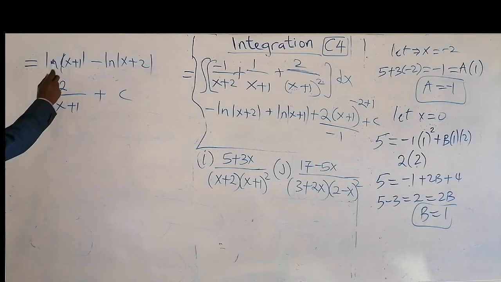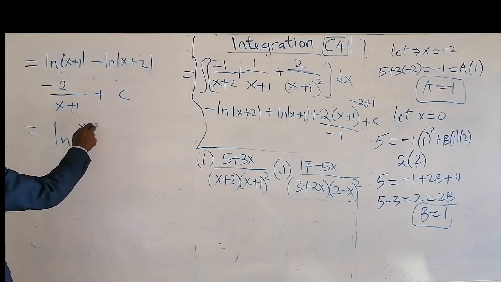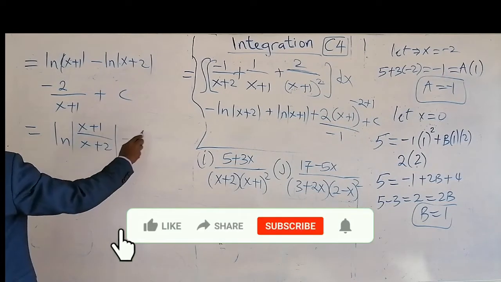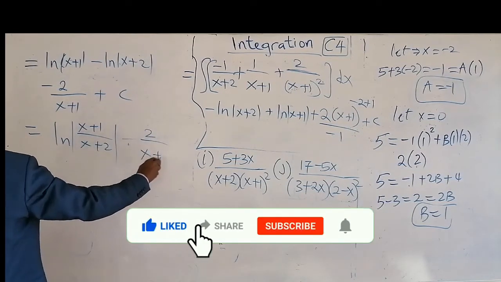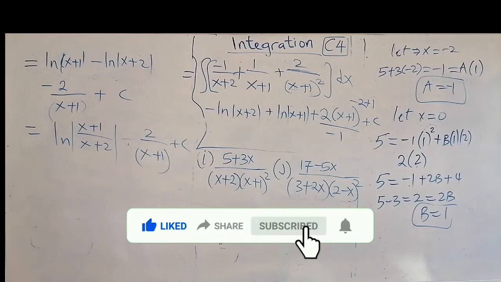Then if I want, I can combine these two together, which will be ln of (x plus 1) over (x plus 2), minus 2 over (x plus 1), plus c. So that finished that question.